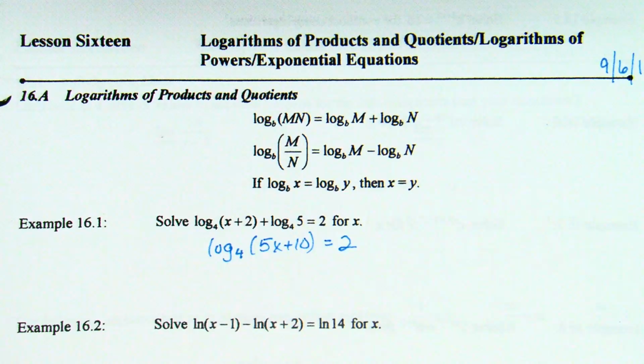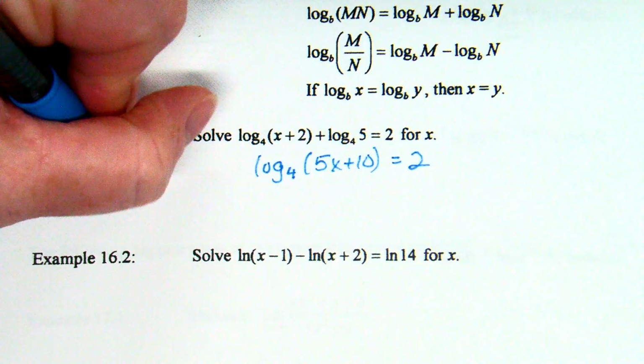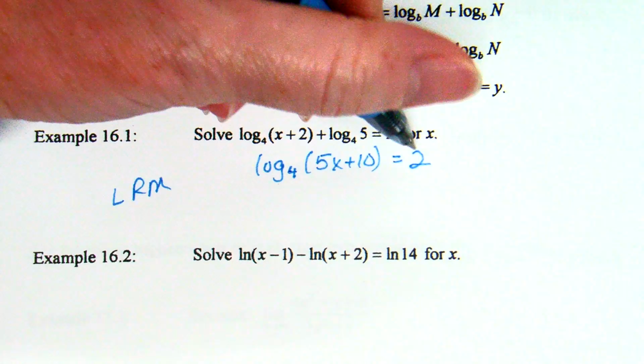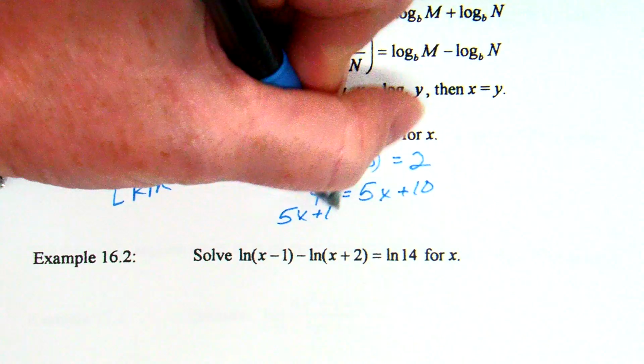What's the step I take to solve this equation? Left, right, middle? You guys with me? Left, right, middle means what? 4 to the second equals 5x plus 10. So 5x plus 10 is going to equal 16.